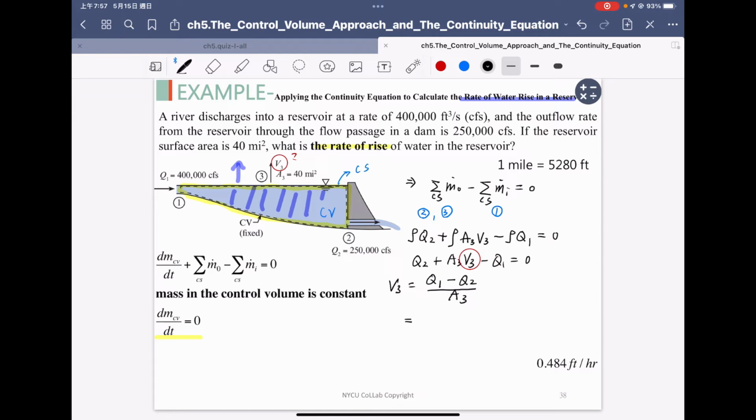And so we can write down all of the numbers we have known. Q1 is equal to 400,000. The unit here is CFS. So what is the CFS? The CFS is equal to cubic feet per second.